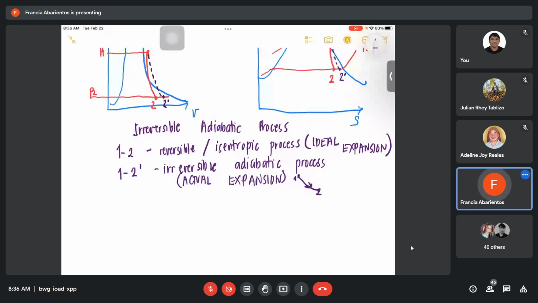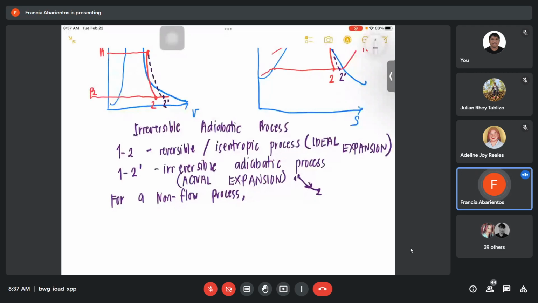Okay, we continue, class. And so we have now for an ideal expansion that is from point 1 to point 2, that is reversible or isentropic process. And from point 1 to point 2 prime, that is an irreversible adiabatic process. Okay. So if we have a non-flow process sa reversible process, we have also the non-flow process in an actual expansion or in an irreversible adiabatic process.